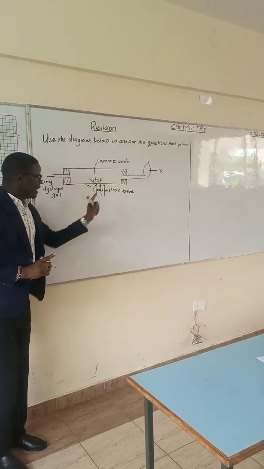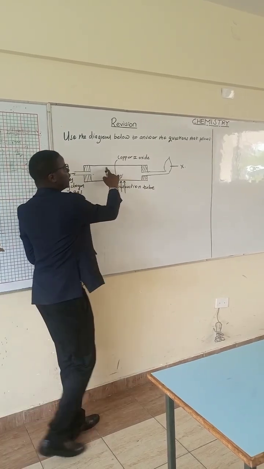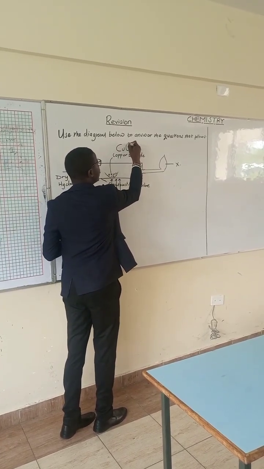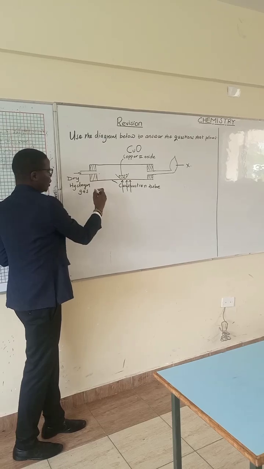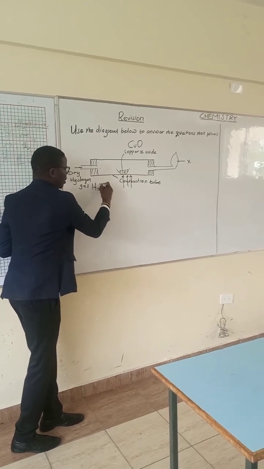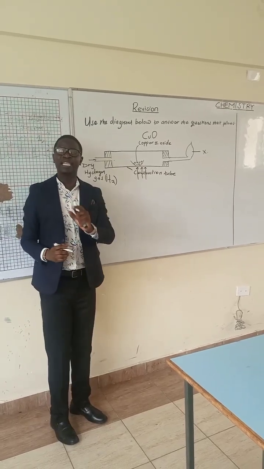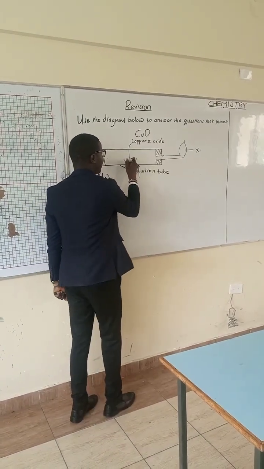In the combustion tube, two things will be reacting. This one is copper 2 oxide. The chemical formula for copper 2 oxide is CuO, and it will be reacting with hydrogen gas. To come up with the observations, first you must know how to write the chemical equation.